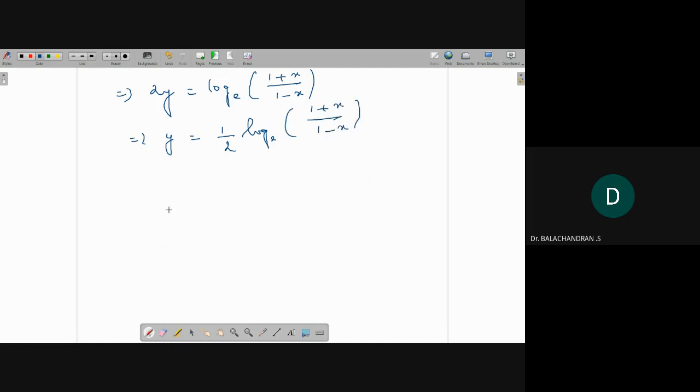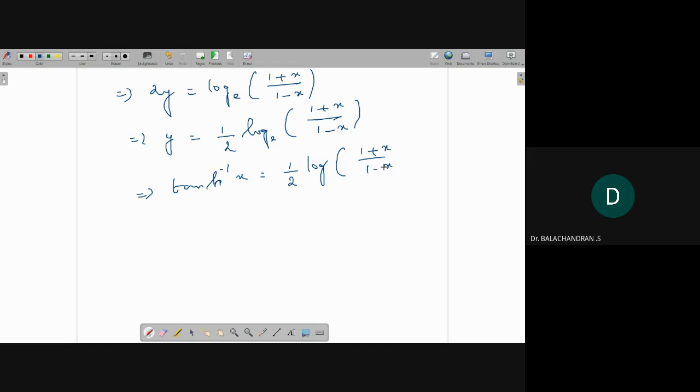But our substitution y is what? Tan h inverse of x. So tan h inverse of x is equal to half log of 1 plus x divided by 1 minus x.